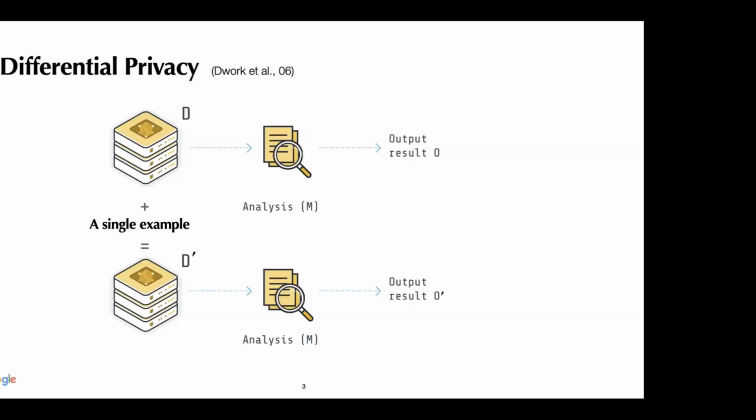Now we call D prime a neighboring data set of D. Then you do another round of analysis or training on top of D prime, and you observe output O prime. What differential privacy gives you as a guarantee is that the outputs O and O prime are very similar to each other. In another sense, an adversary who observed O and O prime will not be able to tell whether the single example, which is probably a privacy-sensitive example, has been used in training or not. So this is all the formulation under example-level differential privacy.